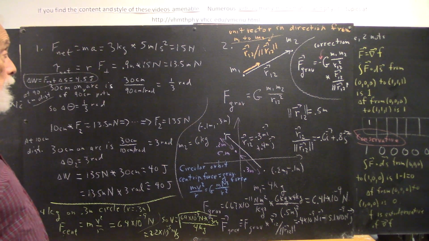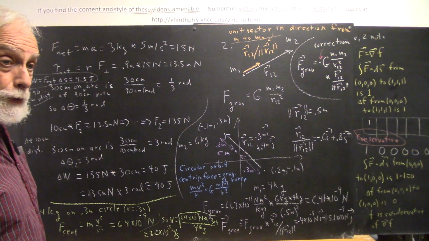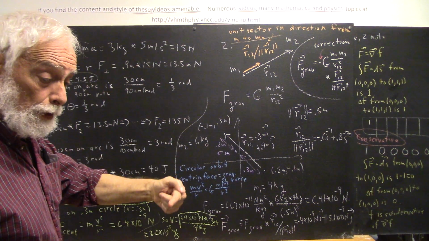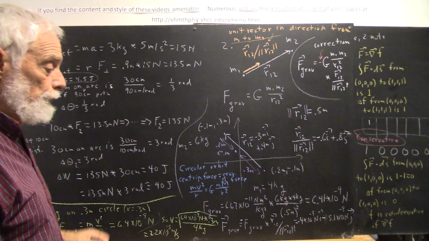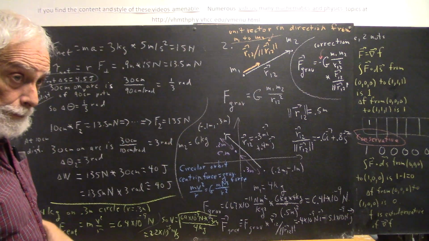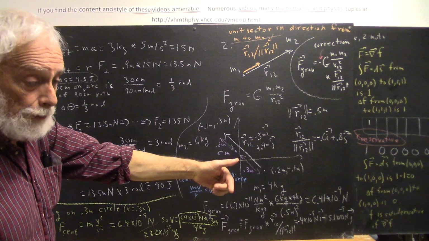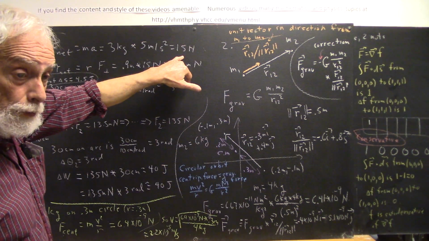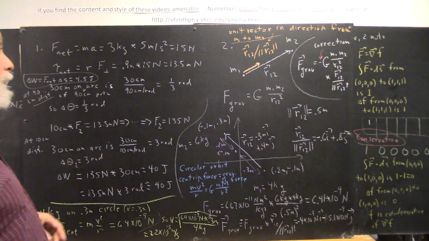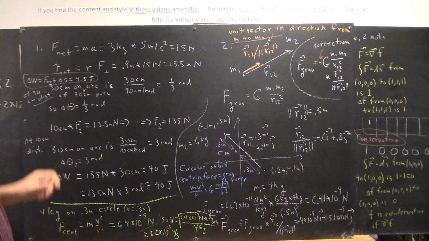Now, we don't know what it is that's exerting that force. It could be a direct force acting right on the mass. It could be the result of a torque exerted at some other point on this beam, so that the beam is exerting the 15 Newton force on this mass. Could be that or any combination thereof.